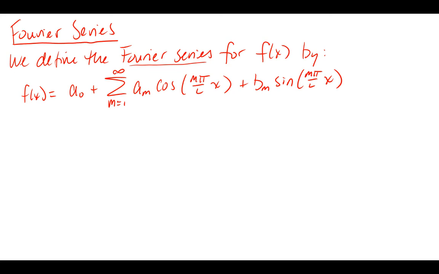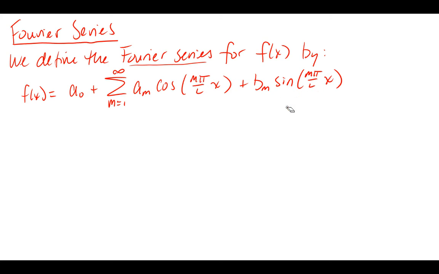Now what the heck is that? Again, these things tend to be a little bit of monsters here. But what is this trying to say? Well, you've got some number, a0, and then you've got a bunch of these sine and cosine things. Don't worry about the m pi over L things.